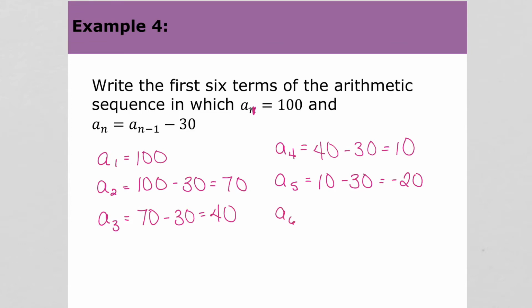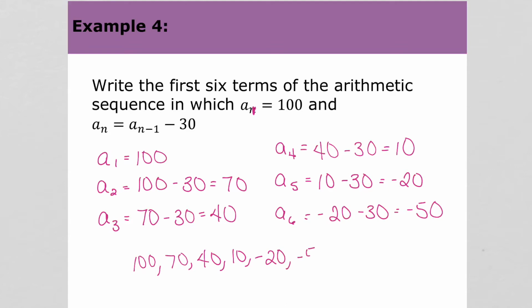And a sub 6 will be negative 20 minus 30, which is negative 50. So the first 6 terms are 100, 70, 40, 10, negative 20, and negative 50. So not so bad so far, right?